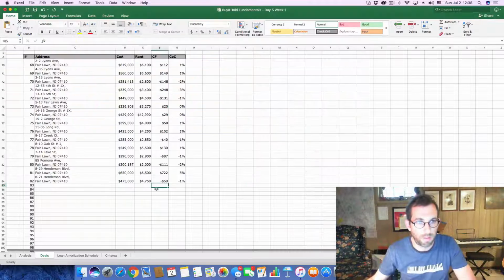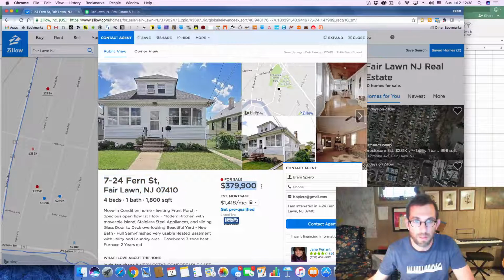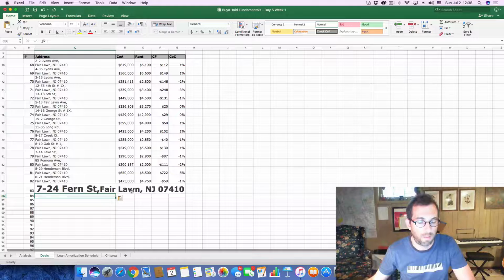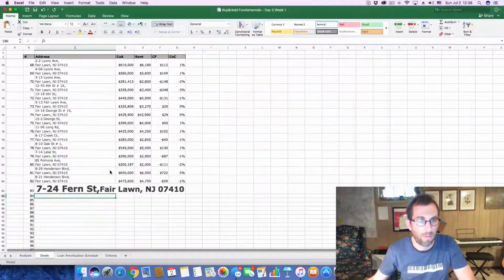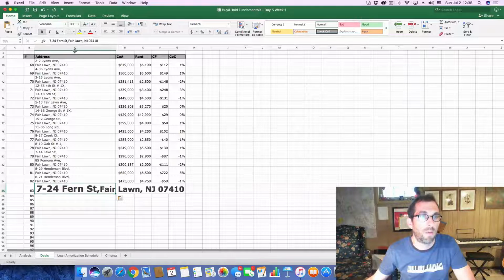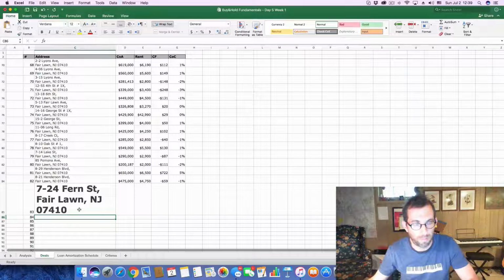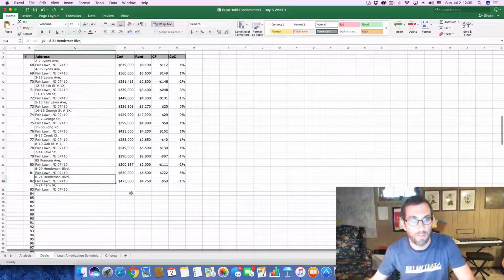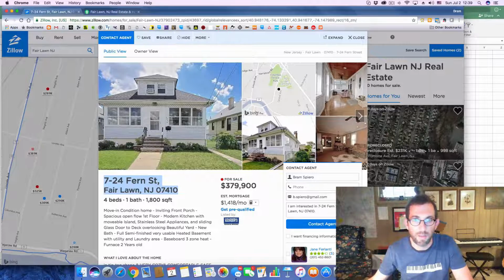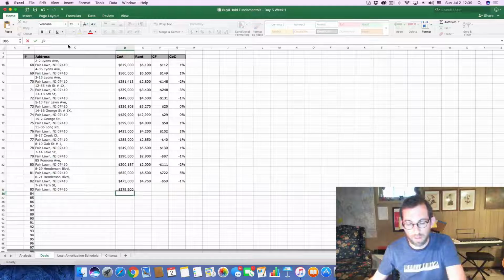Grab the address, stick that in there, go back for the asking price. Oh shit. Okay, let's fix that. There we go, that's better. Now we can go take the asking price and insert that over here.